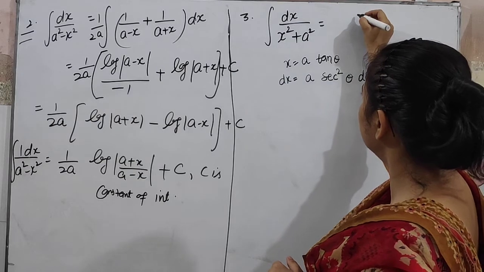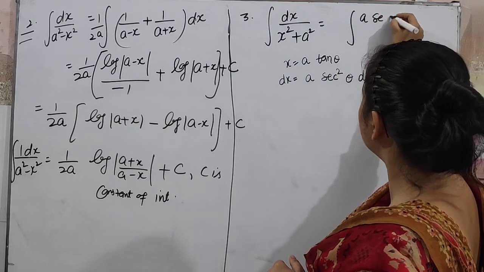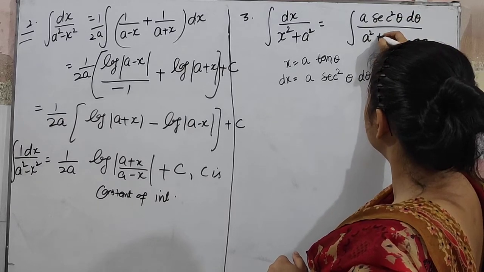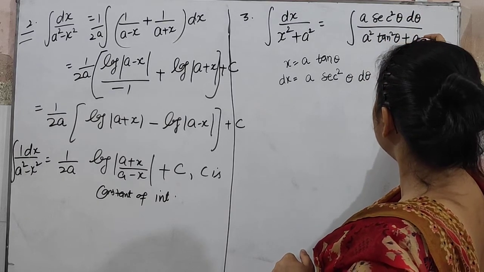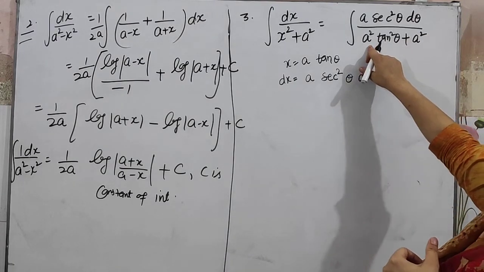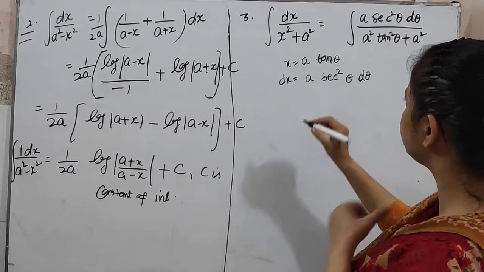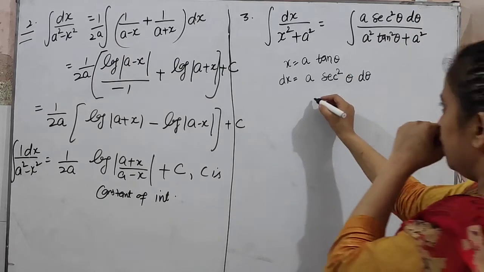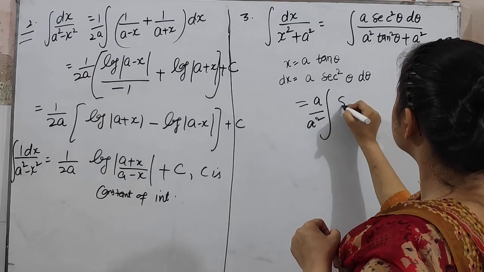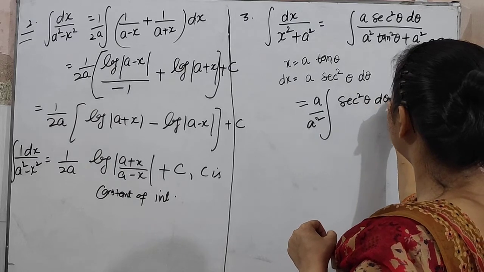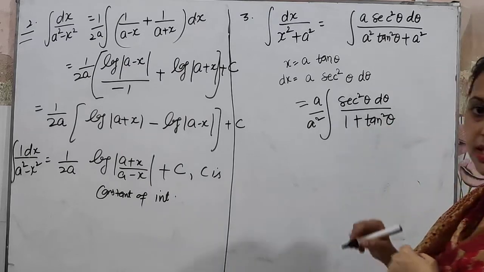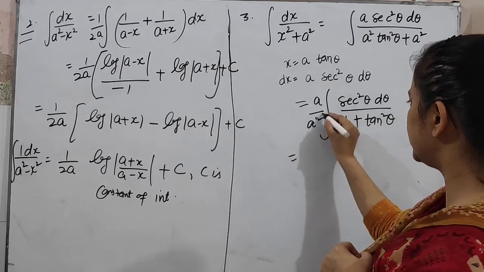Let us substitute here. It becomes a secant square theta d theta divided by a square tangent square theta plus a square. You can see a square is common, so let us take a square common. It becomes a upon a square, secant square theta d theta upon 1 plus tangent square theta. 1 plus tan square theta is again secant square theta.